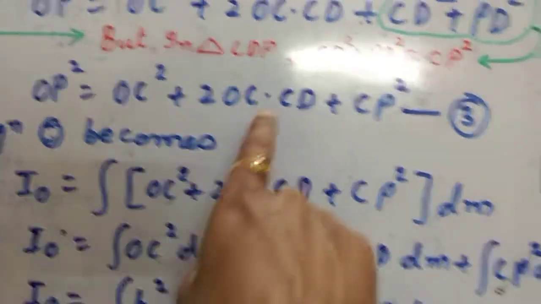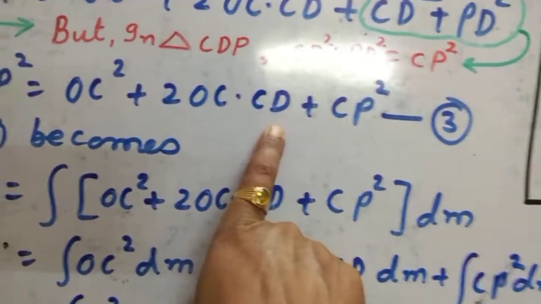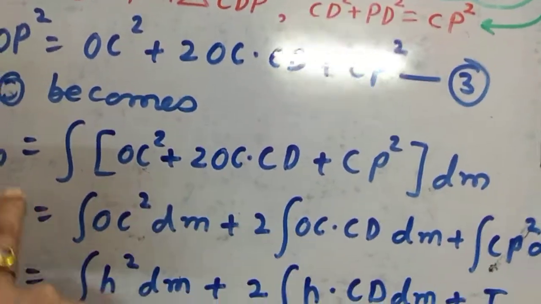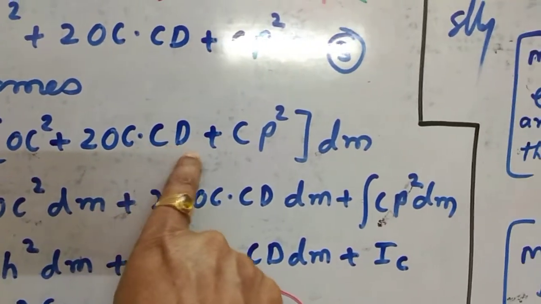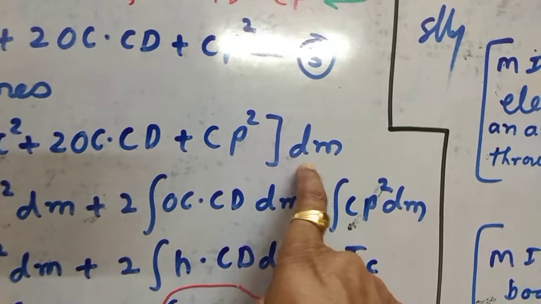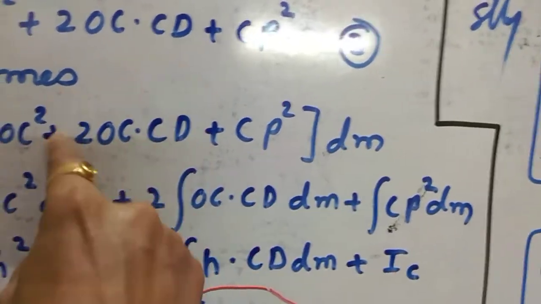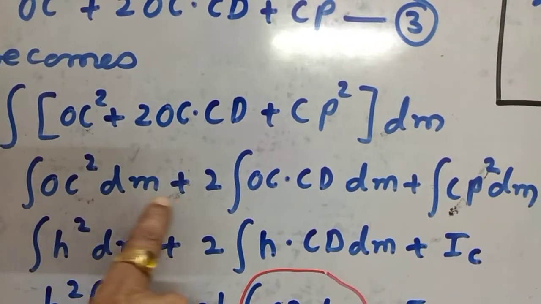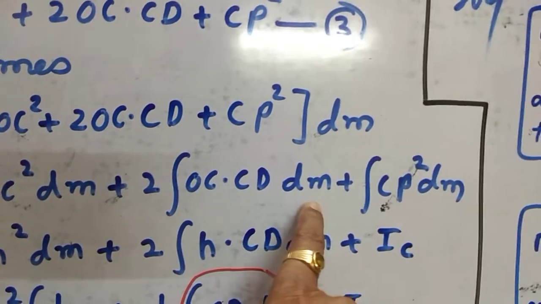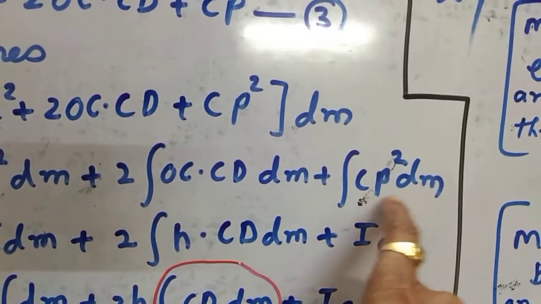Now put this value in equation number 2. So equation 2 becomes IO is equal to integration of OC square plus 2 times OC dot CD plus CP square into dm. Now multiply dm in each term. Therefore IO is equal to integration of OC square dm plus 2 times OC CD dm plus integration of CP square dm.